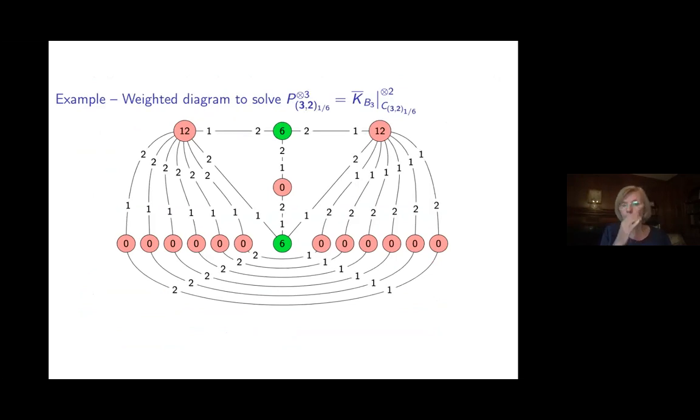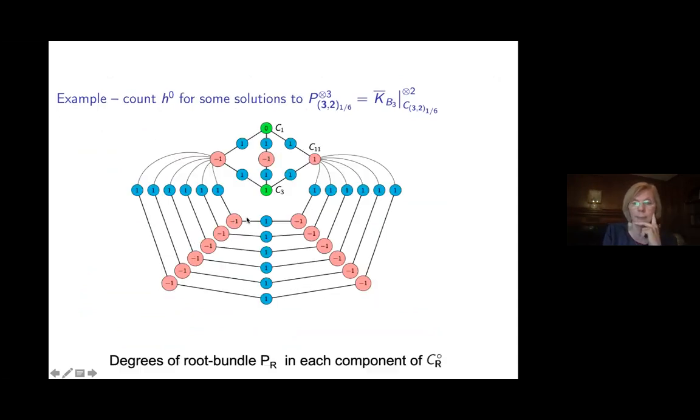Now with the blow up, we take these degrees of these divisors also to these nodes with the right judicious choices. And then in the blown up weighted diagram, we now see the degrees of the actual root bundle R that is in each of the components.